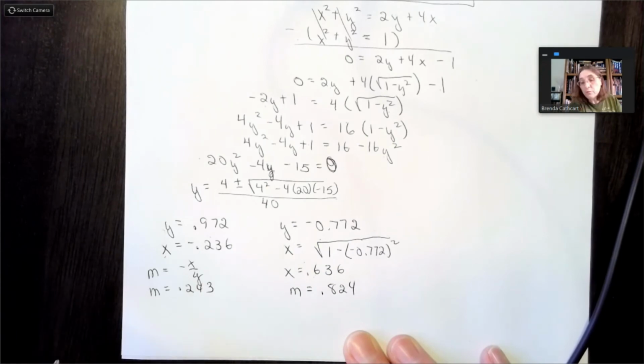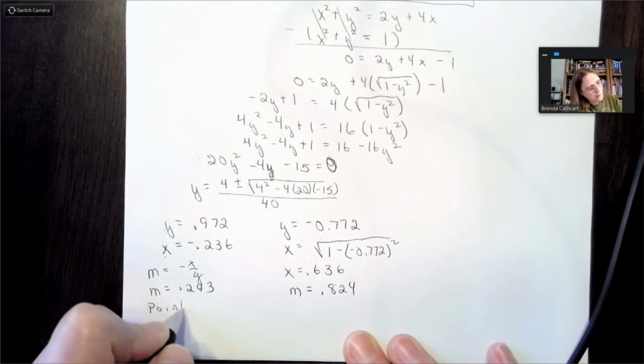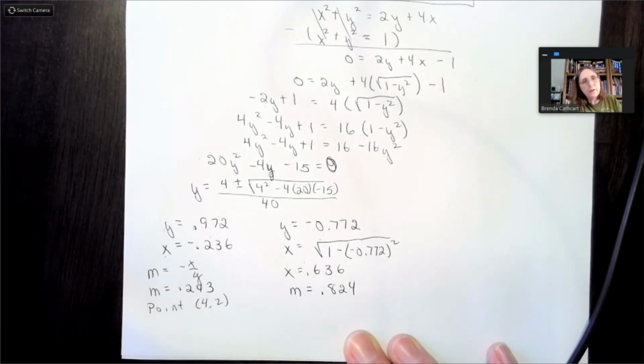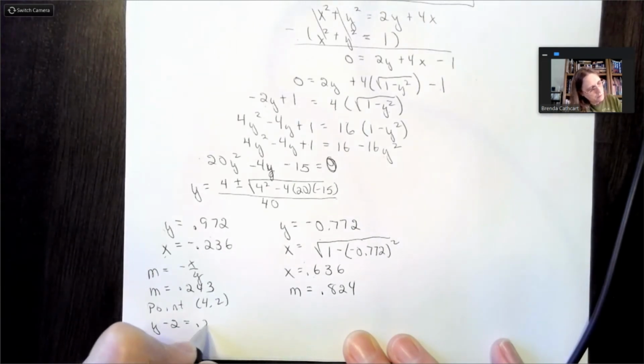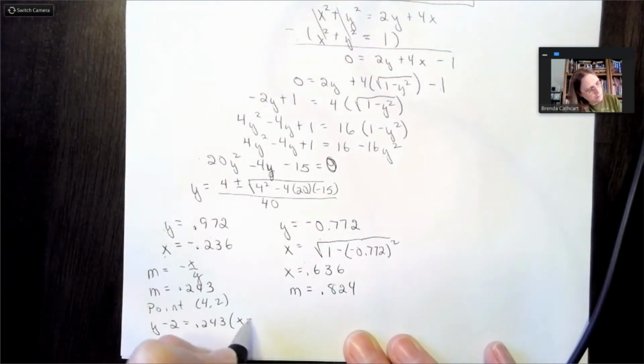Okay, so now we can write our equations of our tangent lines. Again, we can write it in either point-slope form or slope-intercept form. For point-slope form, let's go back and use the point that we originally were given. We know that our point on the tangent line was (4, 2). So our first line is y minus 2 equals our slope of 0.243 times x minus 4.